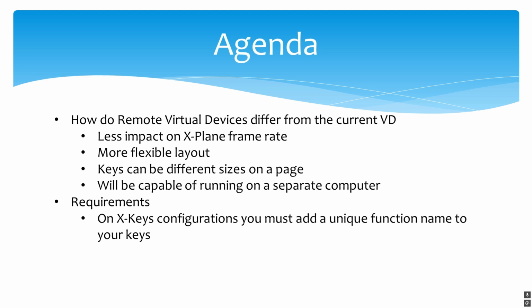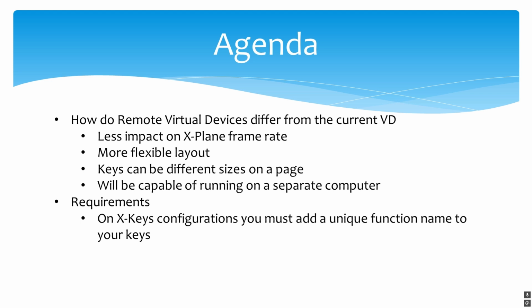One of the requirements of these remote devices is you have to have a unique function name on your X-Keys configuration. That's not there right now. You don't really have the concept of a function, but that's what's been added with this latest beta.